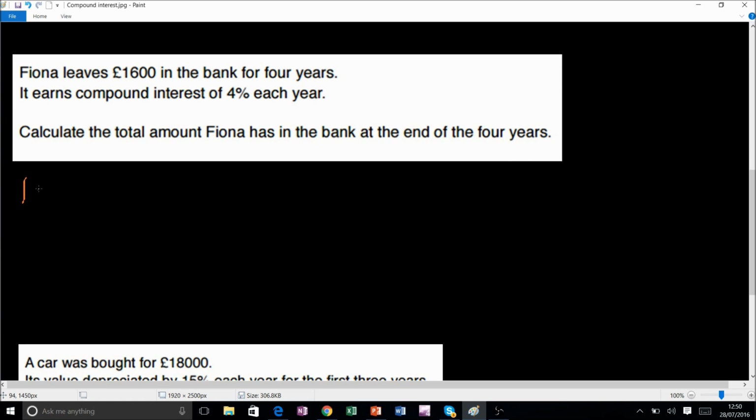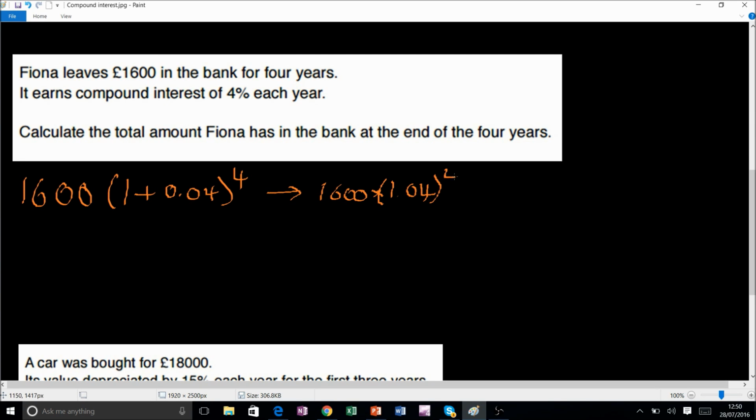Okay, so again, initial investment 1,600, 1 plus 4%, which is 0.04, and everything to the power of 4, can be written as 1,600 times 1.04 to the power of 4. So let's now do 1.04 to the power of 4, and let's see what that gives us.